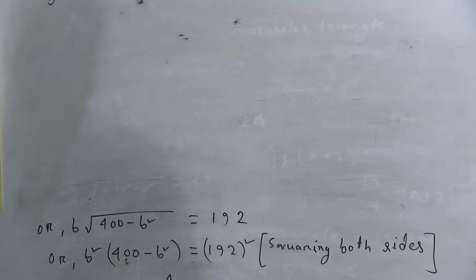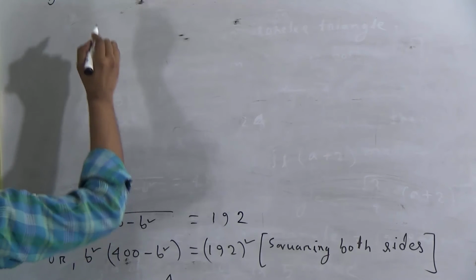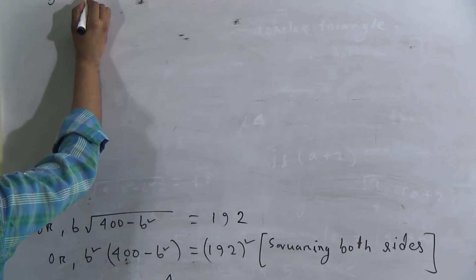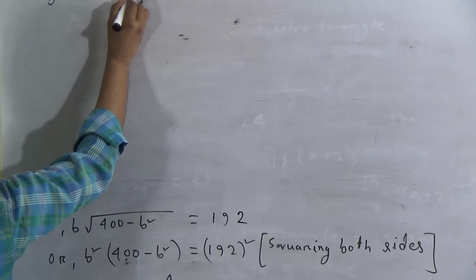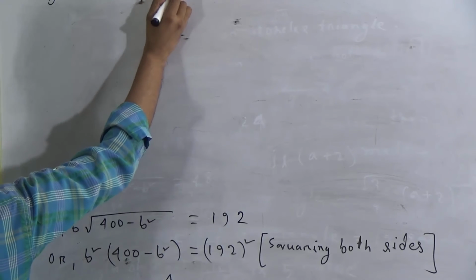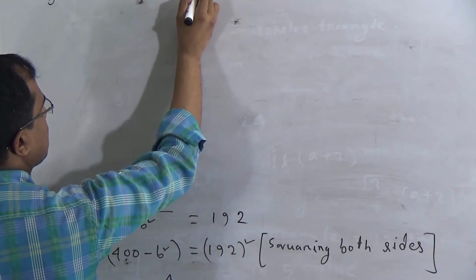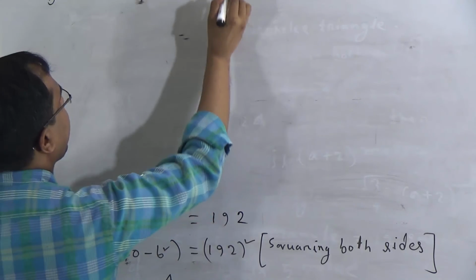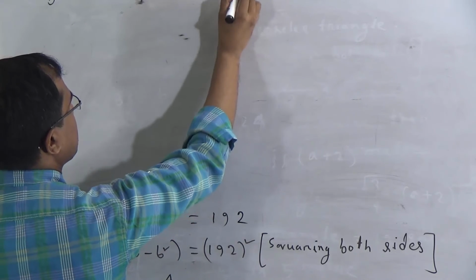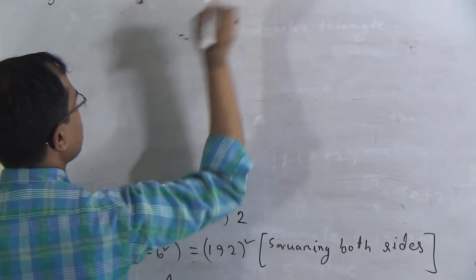So we can write here B to the power 4 minus 256 B square minus 144 B square plus 36864, this is equal to 0.